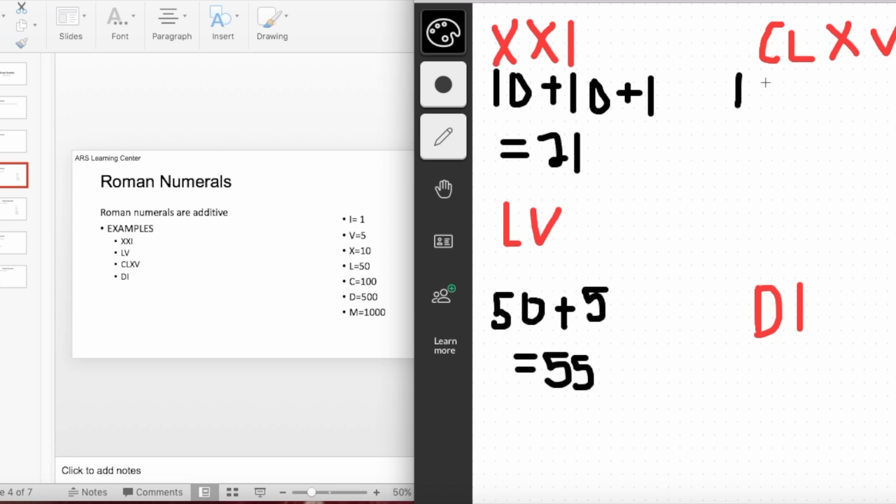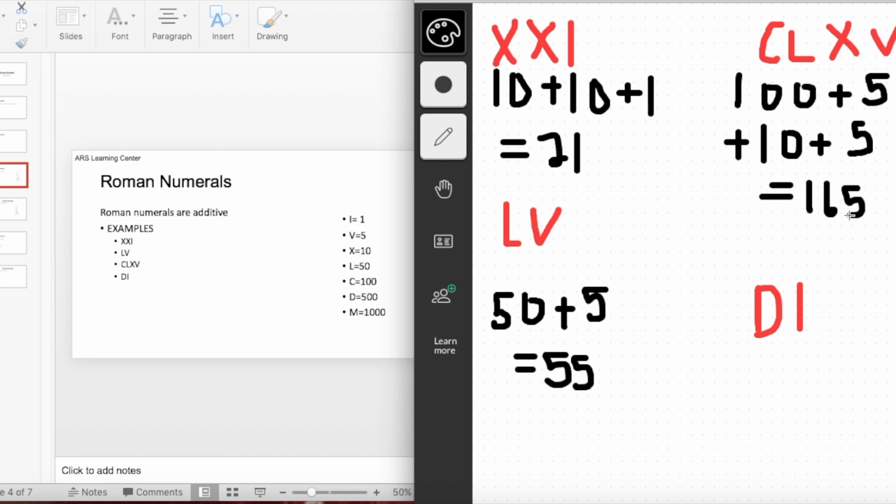C stands for 100, plus L, which stands for 50, plus X, which stands for 10, plus V, which stands for 5. So we have 165 if you add those up.